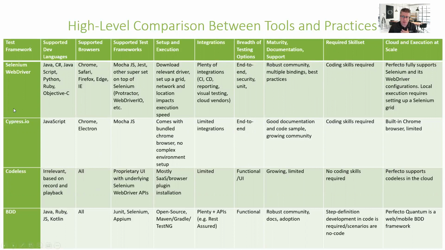Most of my clients that I'm serving are actually using at least 2 or 3 different frameworks to accomplish one single task, which is end-to-end testing of a website. And they're mostly using either Selenium plus Cypress, or Selenium with Codeless, or Selenium with Quantum BDD. Okay, but it's never one framework because you deal with, again, different personas with different skill sets, with different objectives and capabilities.